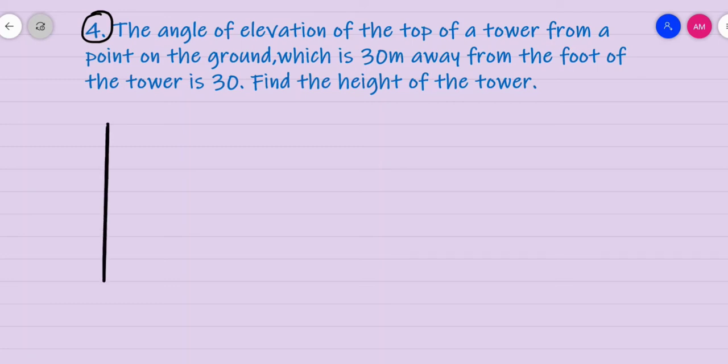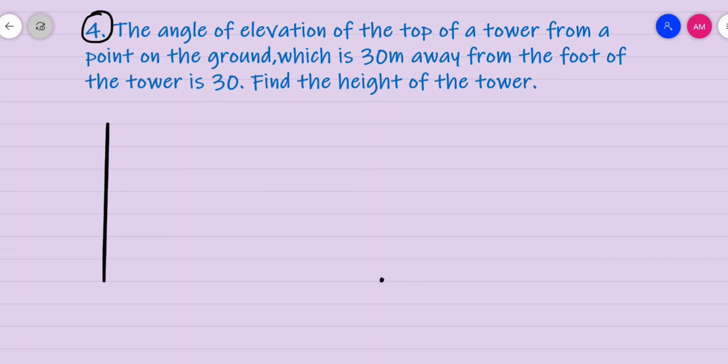This is our tower. Let us say this is our tower. The angle of elevation of the top of a tower from a point on the ground.